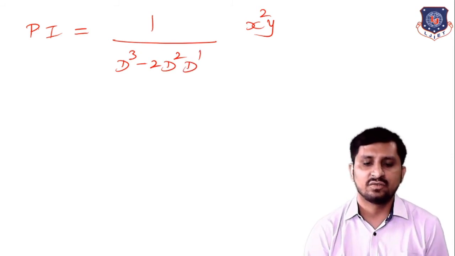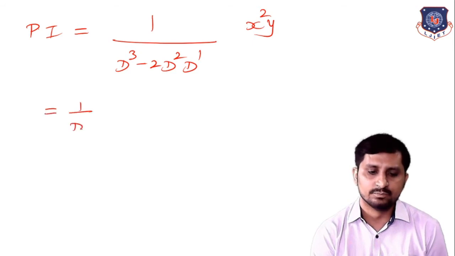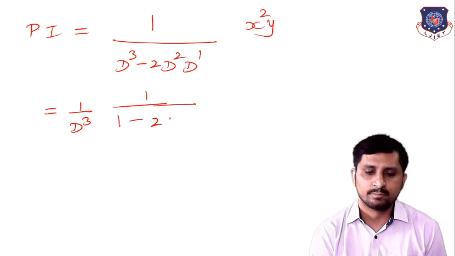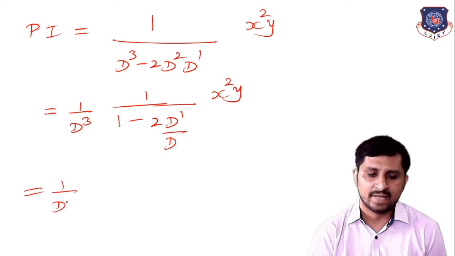Okay, so first of all we have to take D cube as a common term. So 1 upon D cube as common, because I need 1 in the denominator. So now I can write 1 minus 2 D dash upon D, into x square y. Now 1 upon D cube as it is.